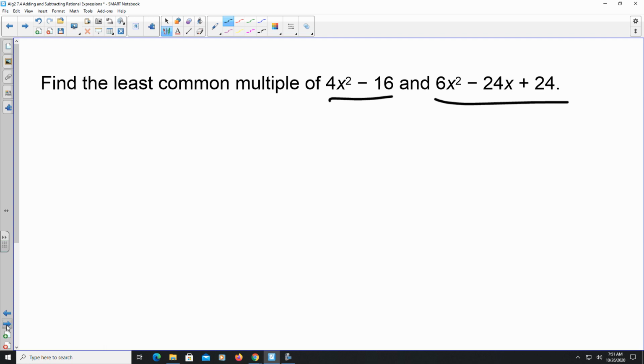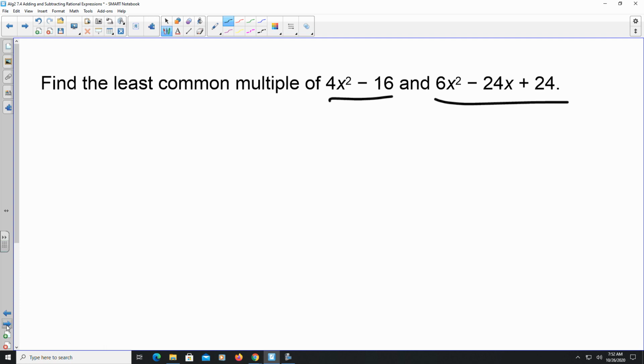For these types of problems, you are going to try to factor each individual polynomial, and then take what's the same and use that as your least common multiple, or LCD, once we get into adding and subtracting unlike denominators.